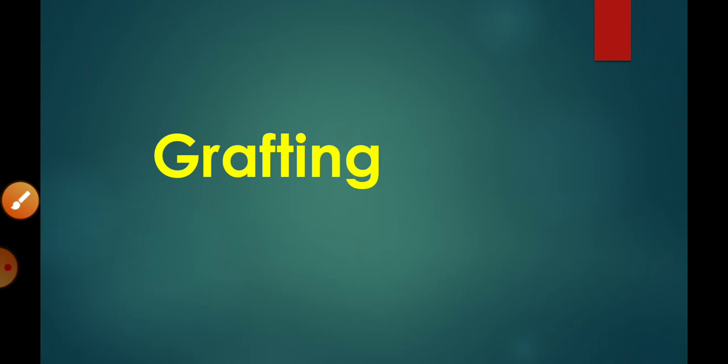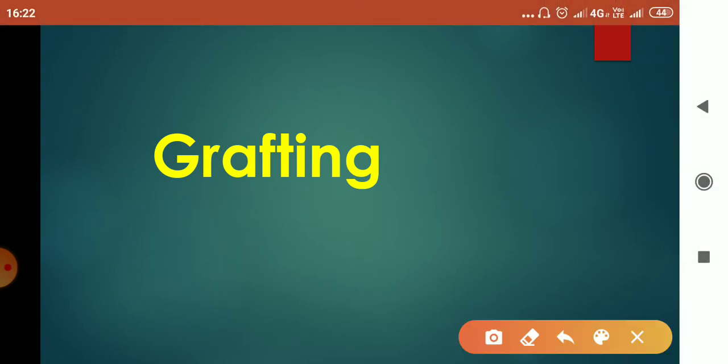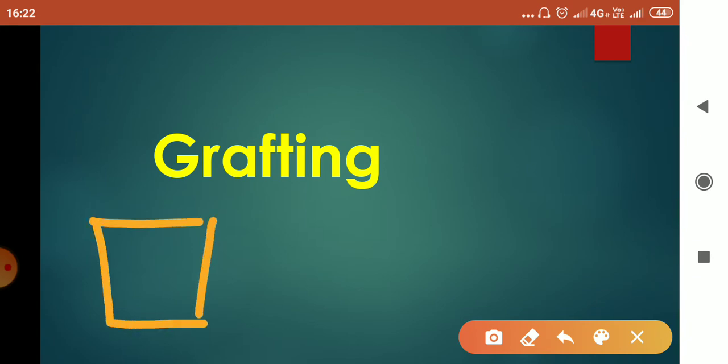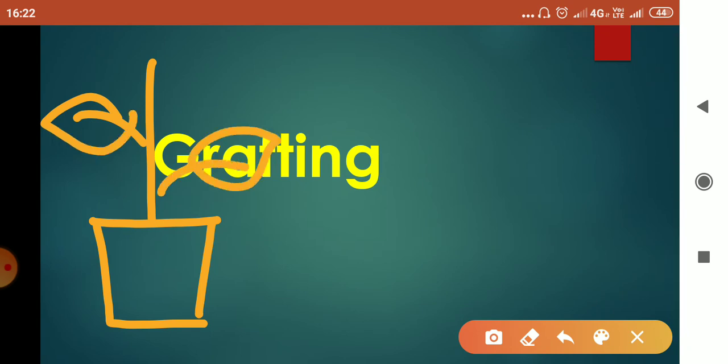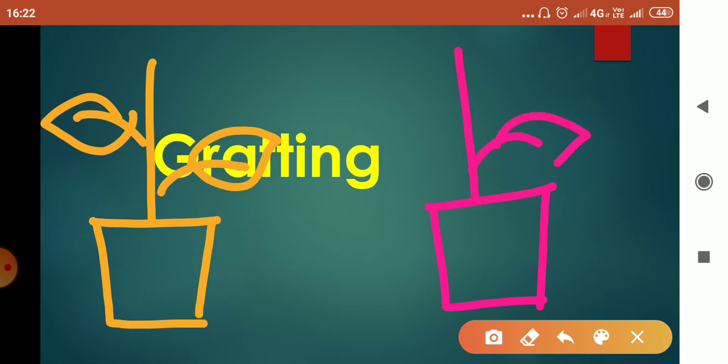Children, we are going to study about stalk and scion first. What we are going to do is, suppose this is a potted plant, and this one is another plant. Now children, we will do a cut here, and this plant will remain rooted in the pot.